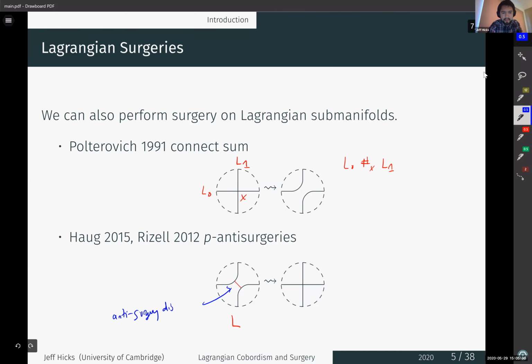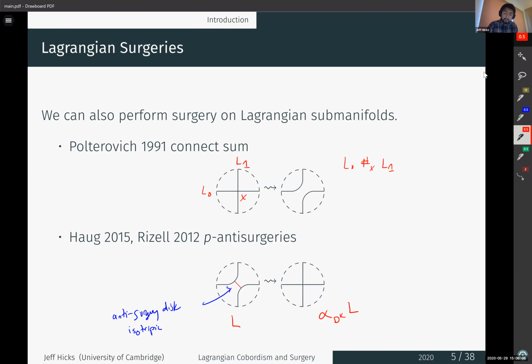This is an isotropic disk whose boundary is in L. With this data, he produces a Lagrangian submanifold, the anti-surgery of L along this disk, which has one more self-intersection than the previous Lagrangian had. So this gives us a model for how we want to take a Lagrangian submanifold and modify it by surgery.